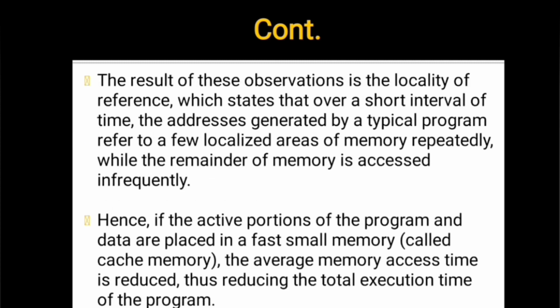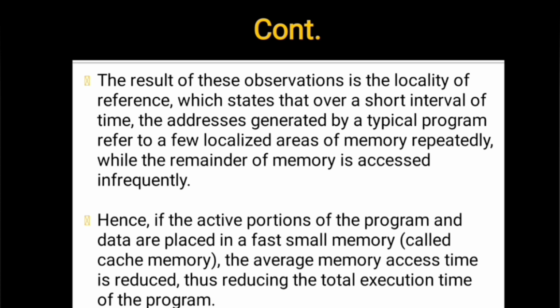Now, the result of all these observations is the locality of reference, which states that over a short interval of time, the addresses generated by a typical program try to refer to a few localized areas of memory repeatedly, while the remainder of the memory is accessed infrequently.